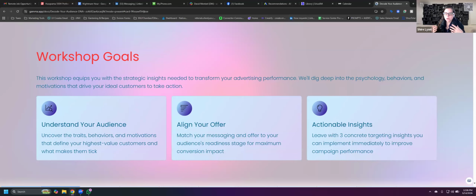We'll think about how they really make decisions. And then the last part is we'll align your funnel and your messaging to match that journey. We'll map out how many steps to that conversion it takes. And the goal is to have you walk away with 3 concrete targeting insights, behaviors, something that you can implement right away.